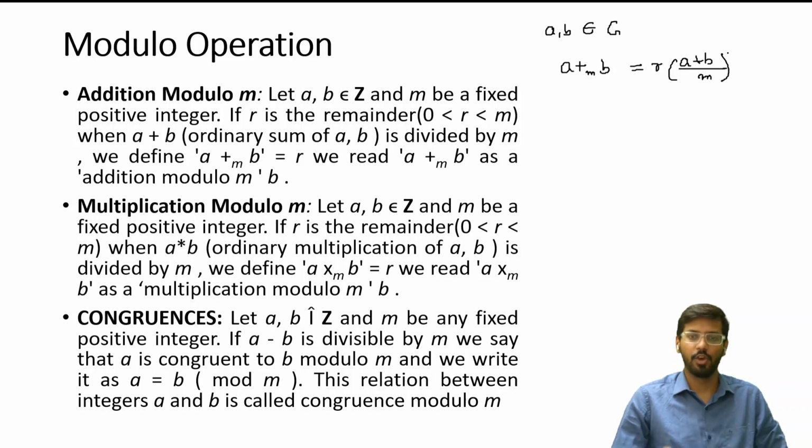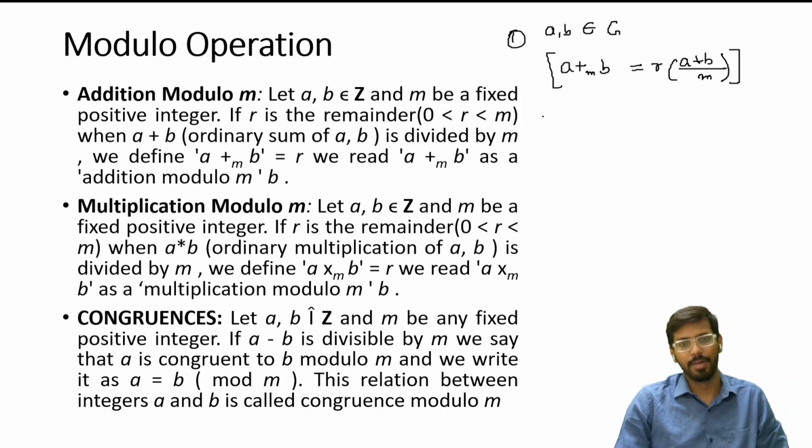So A और B को हम ऐड करने के बाद उसको n से डिवाइड करते हैं, तो जो रिमाइंडर आता है वो A modulo n B के इक्वल होगा. ओके, तो this is additional modulo operation.